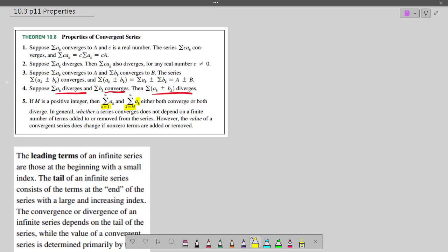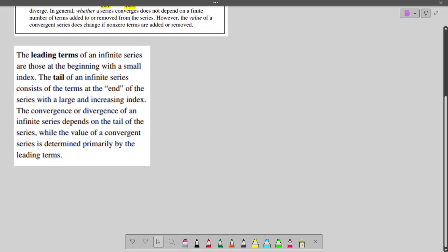What it could do, if you have a series that converges and you chop off the front, it's going to change what it converges to, because you've taken away some of the terms that are being added together. But it doesn't take away whether it converges or diverges, just what it converges to, if it converges. And so we've talked about this with sequences.